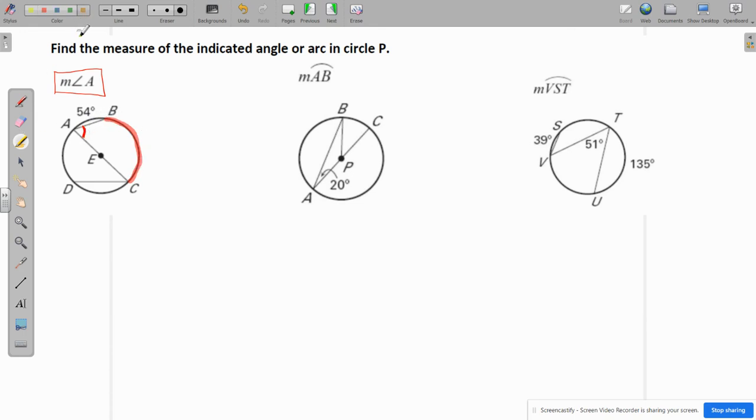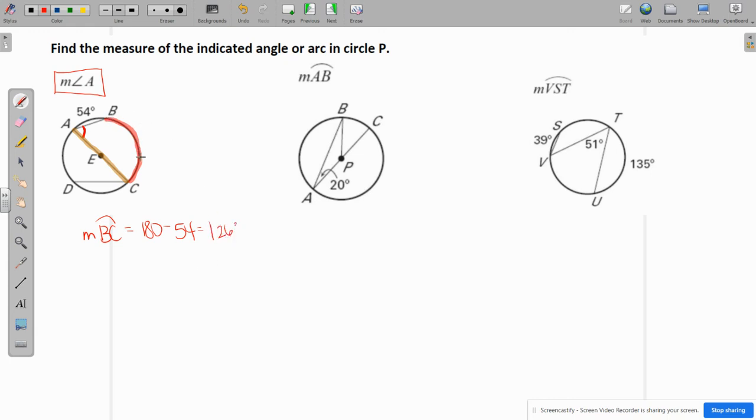Well, I can also see that segment AC is a diameter. So that means that this entire arc here, ABC, should be 180 degrees. So if I want the measure of just arc BC, I can take 180 and subtract 54 degrees. And that's going to get me what? 126 degrees.